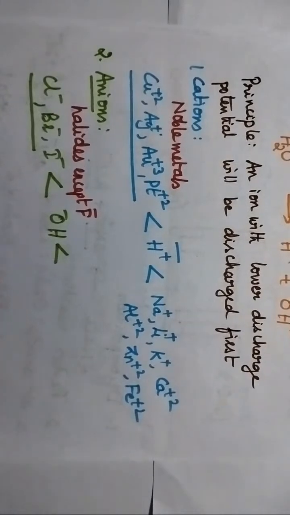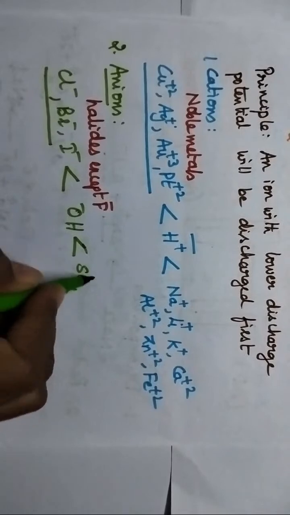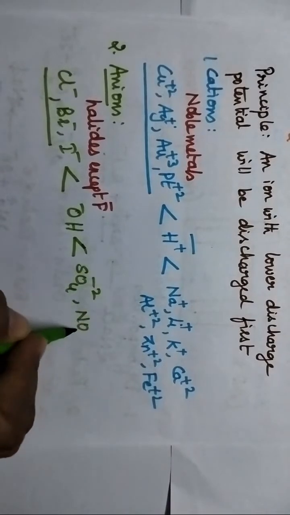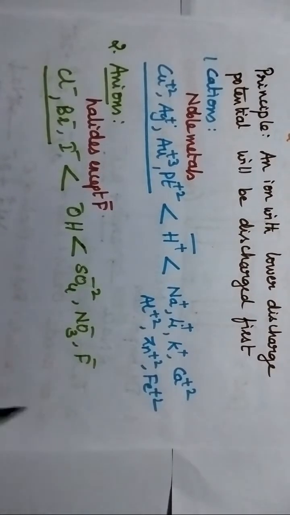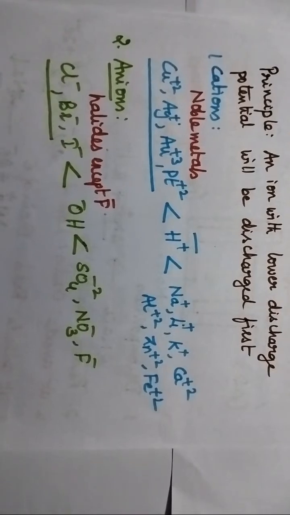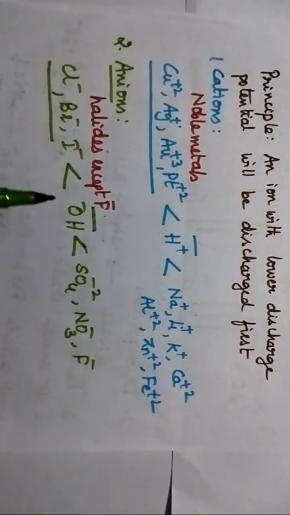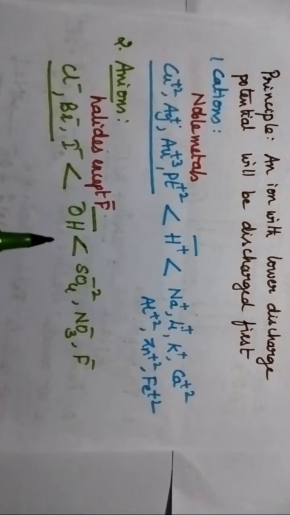If other anions are present, they have the least order of priority. So always the halides will be discharged first, followed by OH- ions. This is the order you have to remember whenever two or more cations or two or more anions are present in the given electrolytic solution.